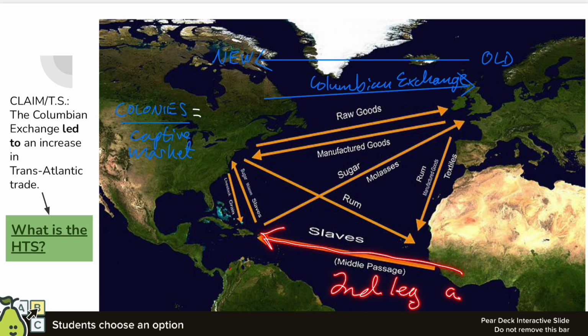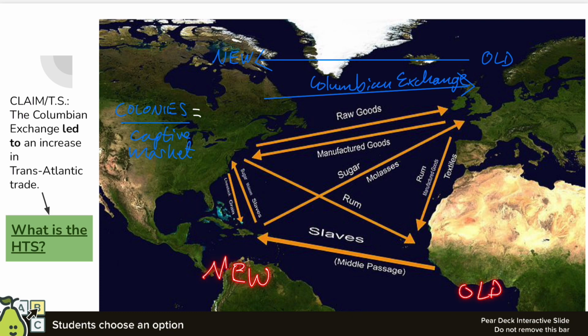Starts with an A. The transatlantic slave trade, or the Asiento. Okay, good. I see that in the chat, and I think Elizabeth was going to say it as well.